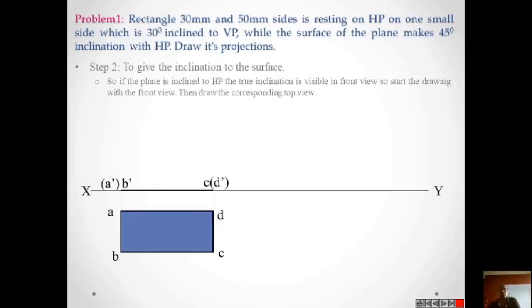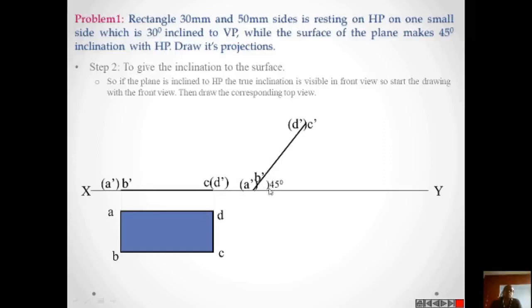So in the front view we will see the inclination. What is the inclination? That is 45 degrees. And what is the length of this line? The length of this line is nothing but the length of the front view. Whatever the front view length is, the same length we are taking and drawing the front view here in the second step.